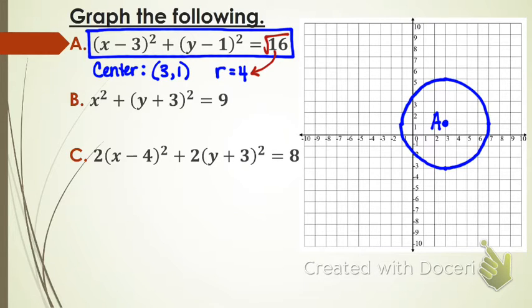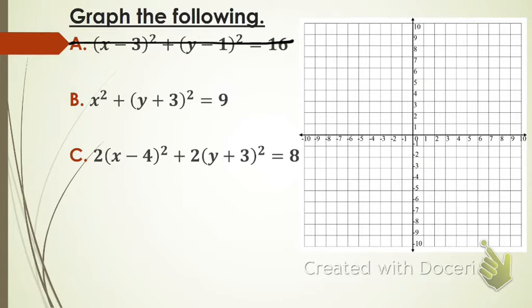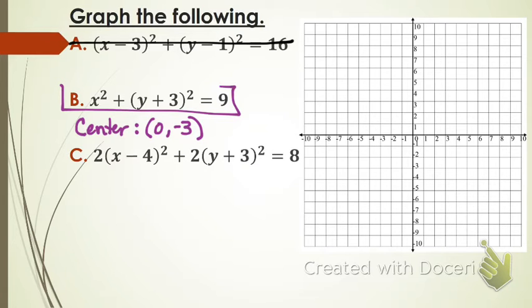So when I look at the next one for circle B, where's that center going to be? (0, -3). There are no parentheses, so h would be 0 because it didn't move left or right at all. And my y value for that ordered pair would be -3. So a center of (0, -3). I'm going to go and plot that right here.